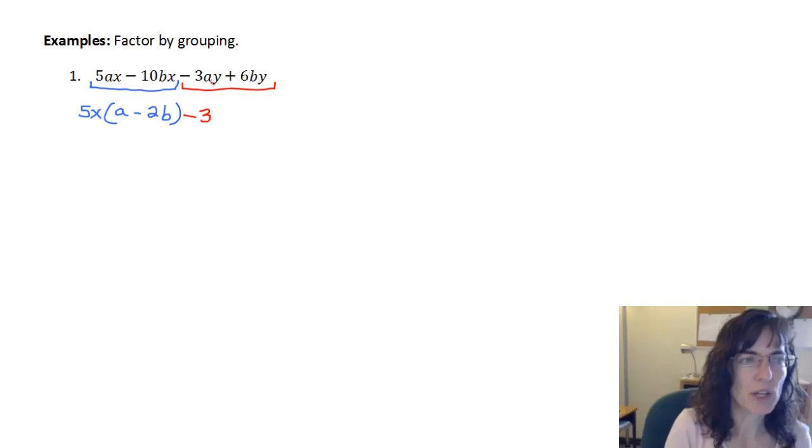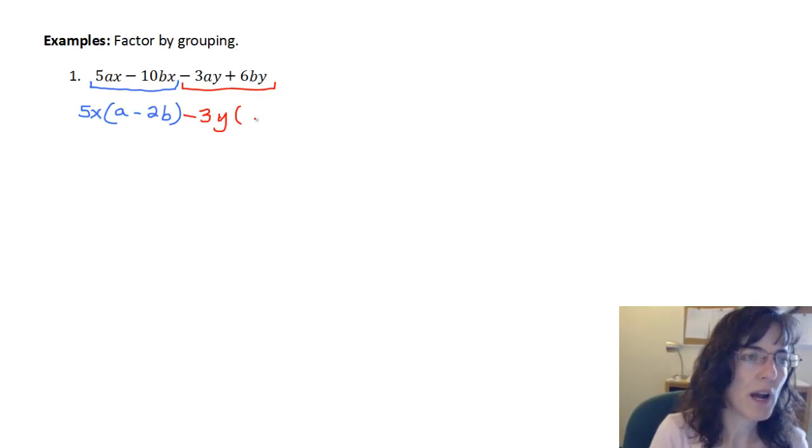And when I look at the variables, a, b, no, but y will work. So negative 3y. And negative 3y times what is negative 3ay? Well, I'm just missing an a. And then negative 3 times what is a positive 6? Well, it's a negative 2. And negative 3 times negative 2 will give me positive 6.